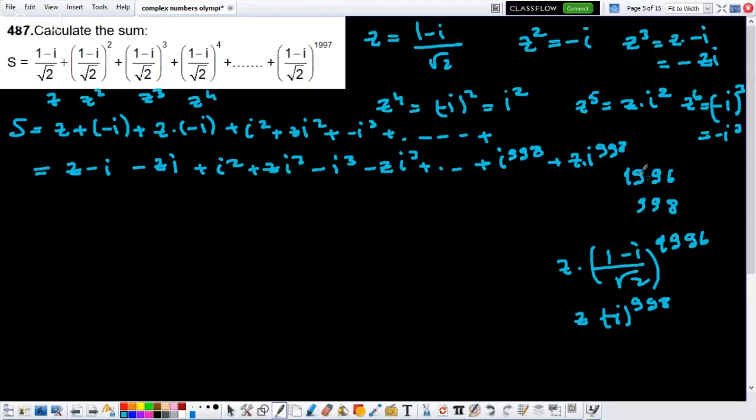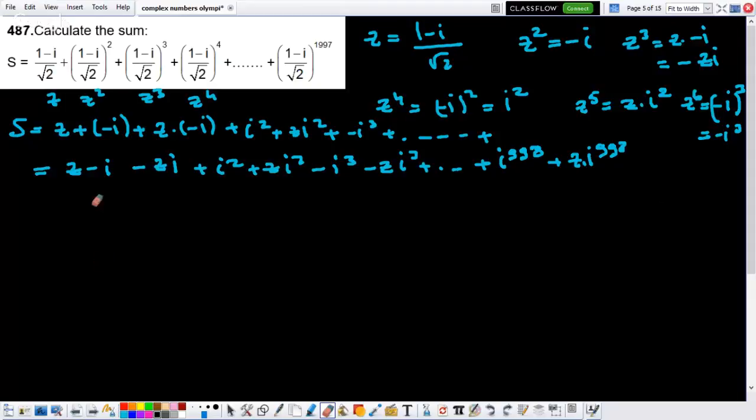If you understood that sequence, here it is. Some of the terms have z, some of them are without z.